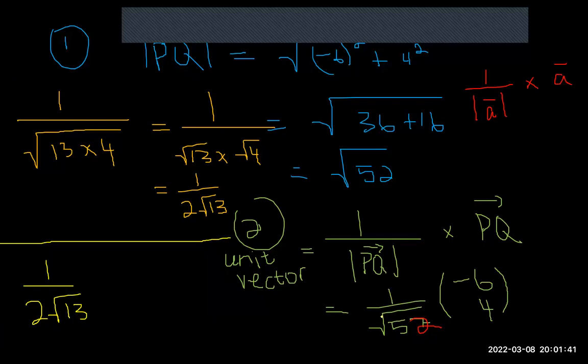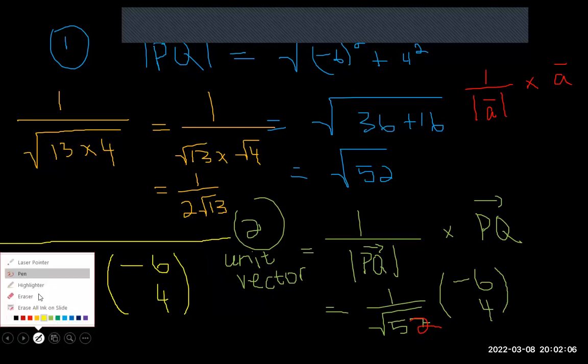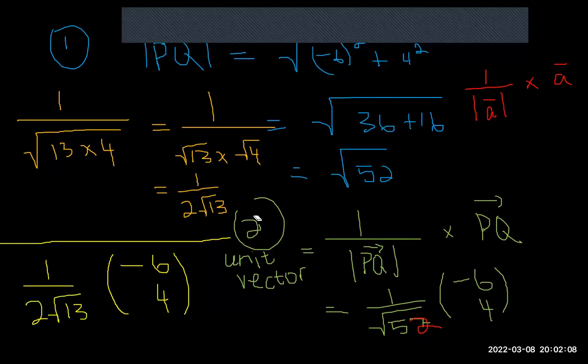You could put in 1 on the square root of 52 and it would give you this answer. Some calculators don't do that. Are you okay with that now? Yes, Miss. Okay. And then we're saying minus 6 by 1 on 2 root 13. So let me just erase this.